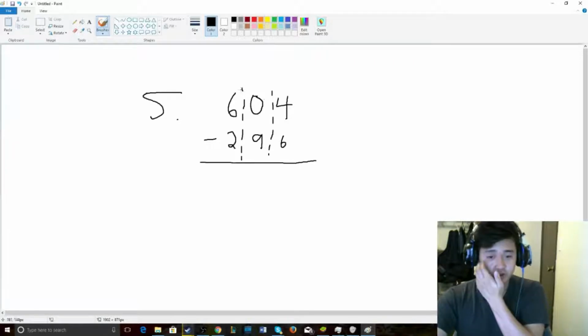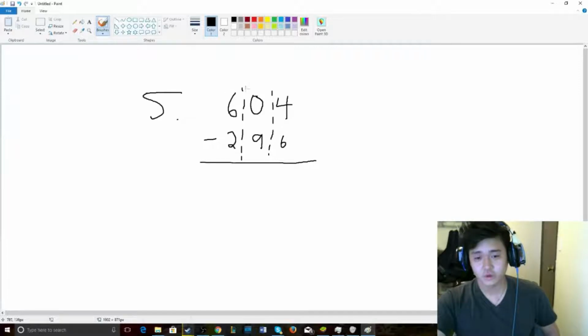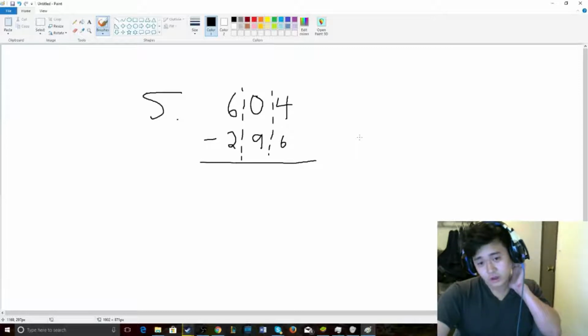And again, I just do this so that the columns are easier, so I know where everything is. So I know that the 6 is a 600, the 2 is a 200, the 0 is in the tens place, the 9 is in the tens place, and 4 and 6 are both in the ones place. So go ahead, give this your best shot, pause the video, and I will shortly answer it for you, and hopefully you can learn it.